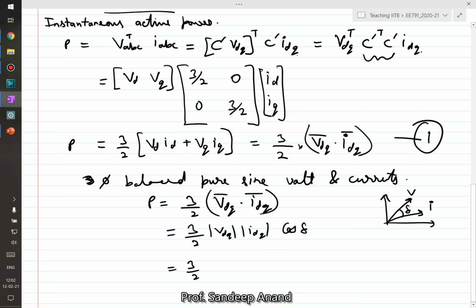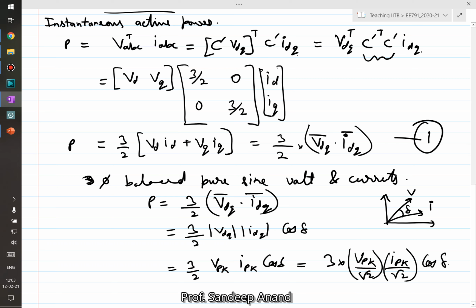So if you refer to the previous video, V dq magnitude is nothing but V peak and I dq magnitude is nothing but I peak, into cos of delta, which is nothing but 3 times V peak by root 2, which is the RMS phase voltage, and I peak by root 2, which is the RMS phase current, into cos of delta, right?